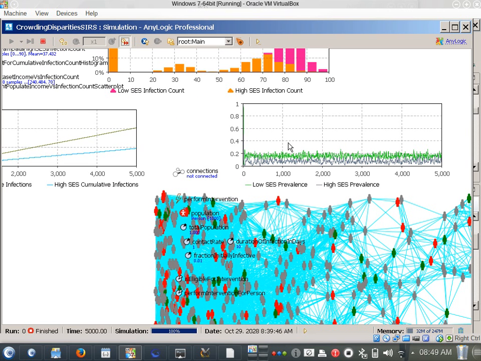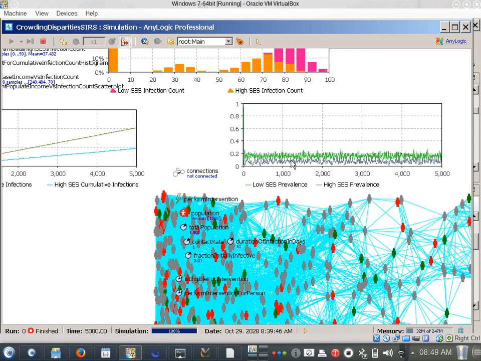And the levels were quite different for the low SES population on the top and the high. Why was that? It reflected the different crowding, right? The low SES was predominantly in more crowded areas, hence they were more vulnerable because they had more people from whom they could get the bug. And given an infective person, if that person's a low SES individual, they can pass it on to more people.